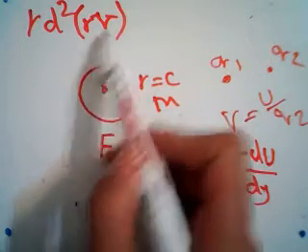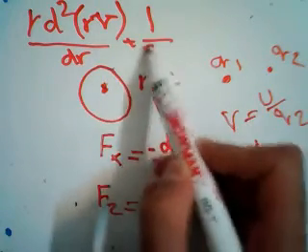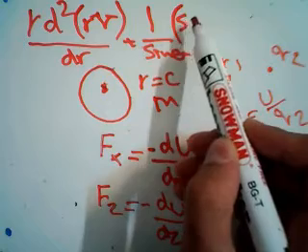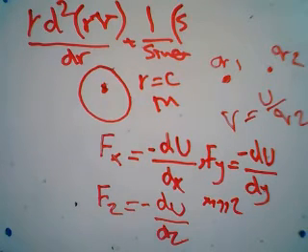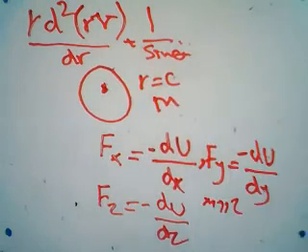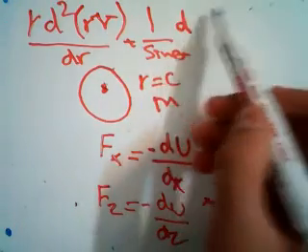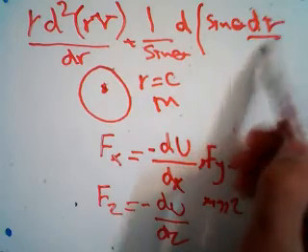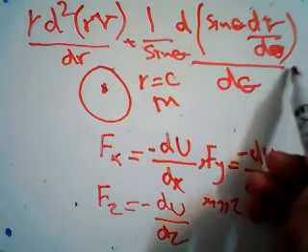The second derivative of r times v, the potential, over dr, plus 1 over sine theta times the derivative of sine theta times the derivative of v with respect to theta, with respect to theta, equals 0.